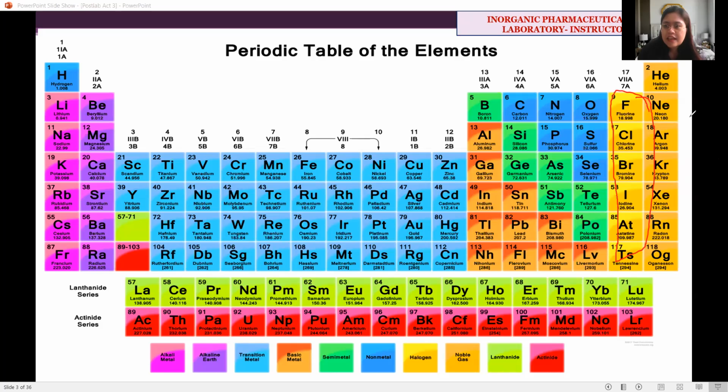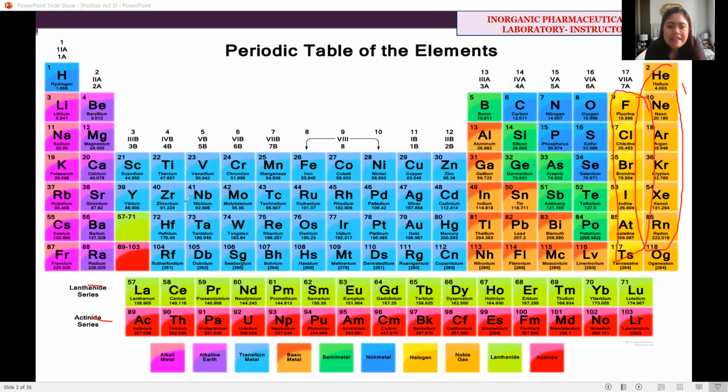And lastly, the ones in brown at the end, we call the noble gases. They are also non-metals. They are in the form of gas, but they are called noble gases. In our lecture discussion, I will explain why they are called noble gases. And then we only have two groups at the bottom.